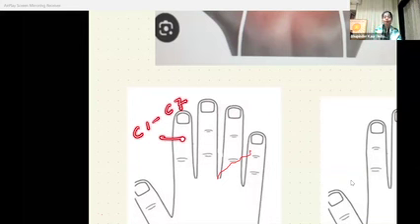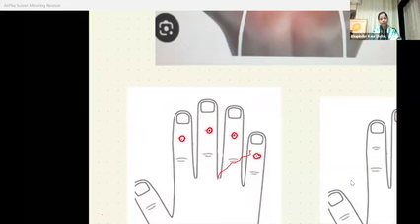Only thing is we have to check all points. Which point is more painful? We will check all points one by one, and wherever the patient gets sharp pain, strange and sharp pain, that point we will use for treatment. So this is insect system, cervical point.